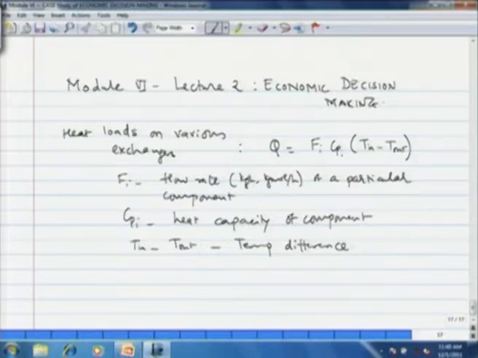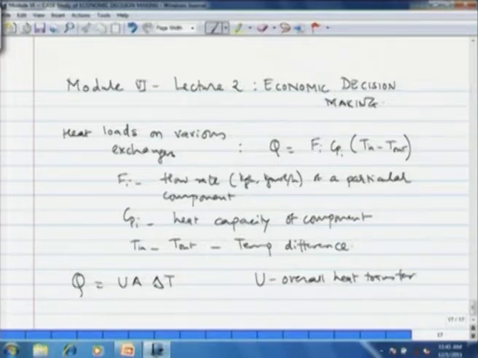With this, we can calculate the areas of different heat exchangers of our process using the relation Q is equal to U A delta T. For determining U, the overall heat transfer coefficient, we again make use of heuristics depending on the type of fluid that is inside the tube or inside the shell. We can have a range of overall heat transfer coefficients available.